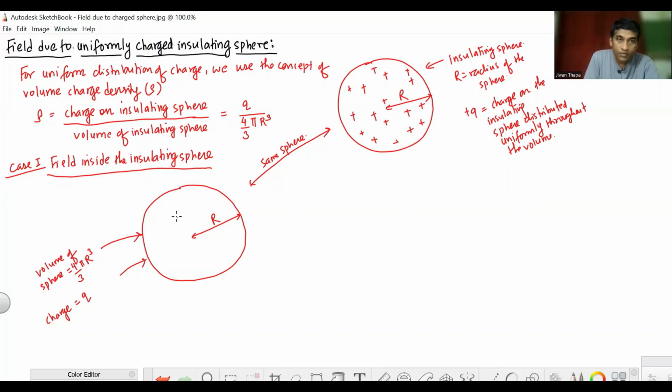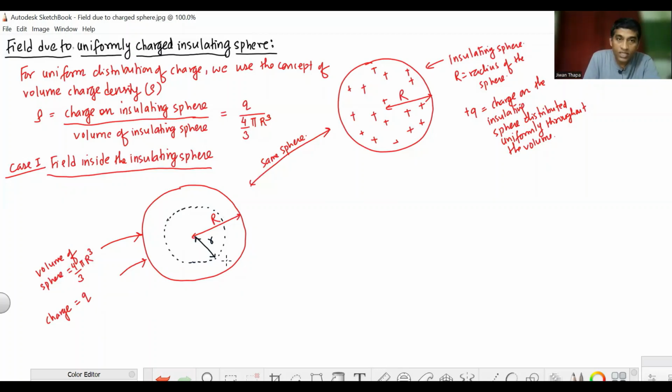Let us draw a spherical Gaussian surface which is concentric with the insulating sphere.